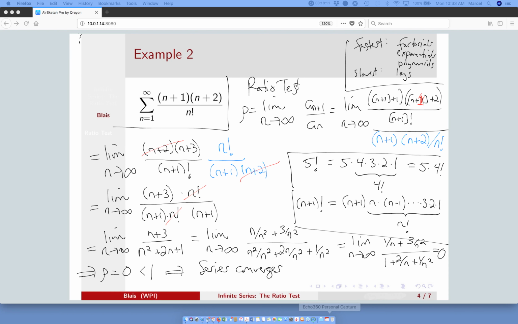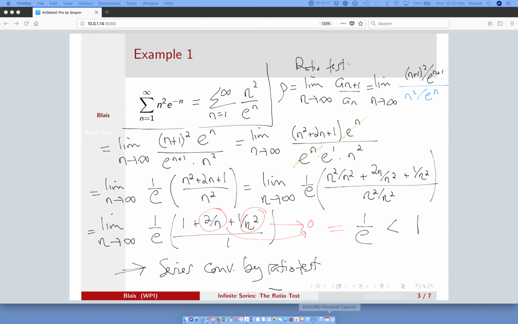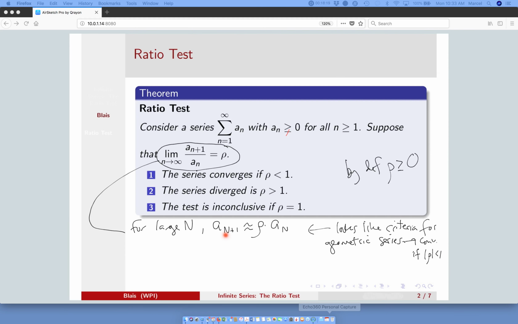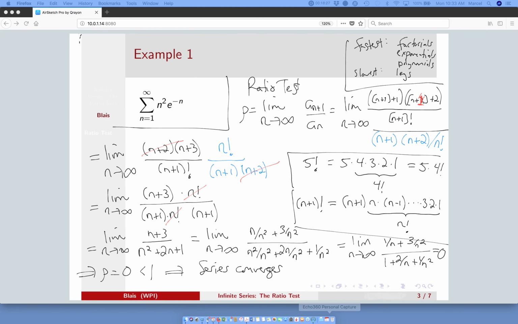And if you think about what the ratio test means, remember what we said before when we gave the test. For large n, the n plus first term is approximately rho times the previous term. What we've just shown in this example is that for large n, the n plus first term is approximately 0 times the previous term.